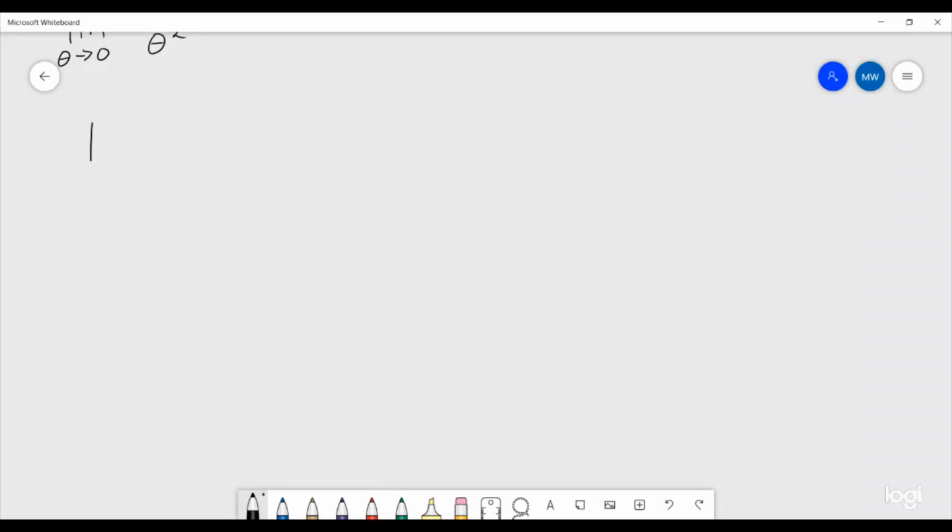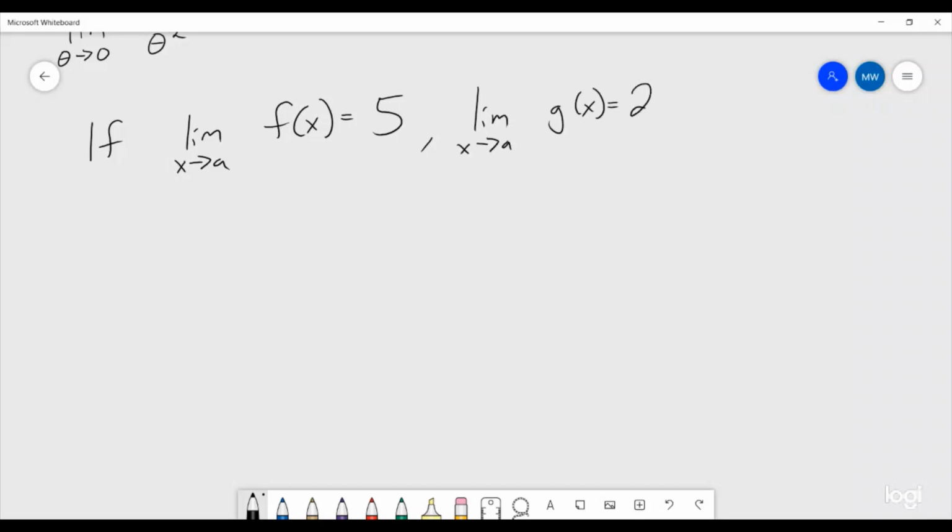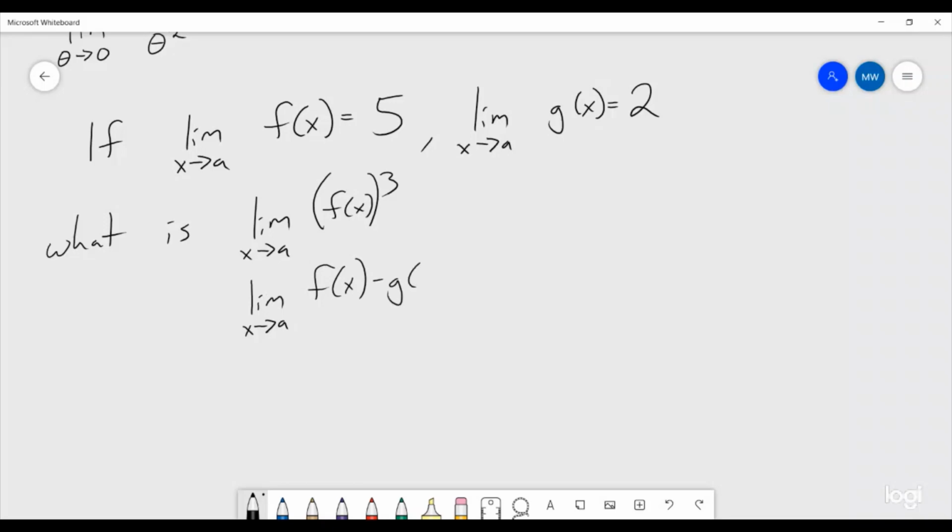Let's say that we know that the limit as x goes to a of f of x is equal to 5, and we know that the limit as x goes to a of g of x is equal to 2. What are the following? We got the limit as x goes to a of f of x all cubed. We have the limit as x goes to a of f of x minus g of x.